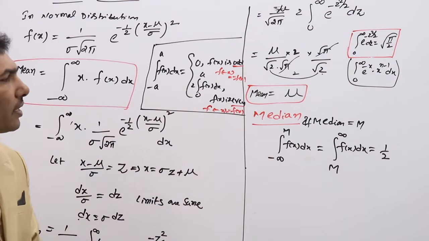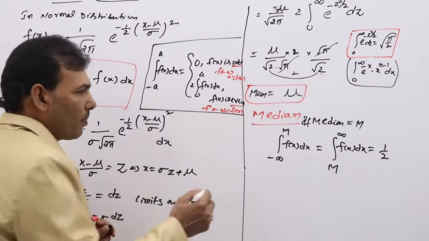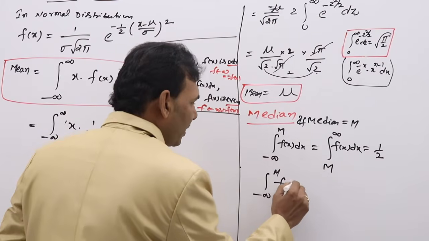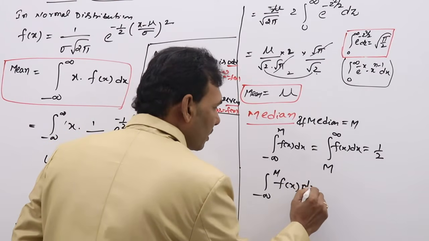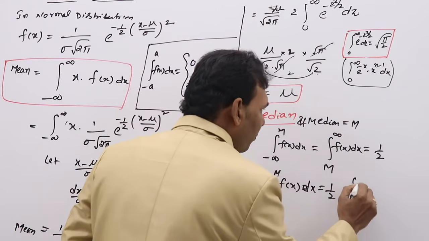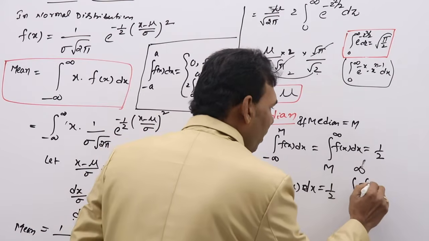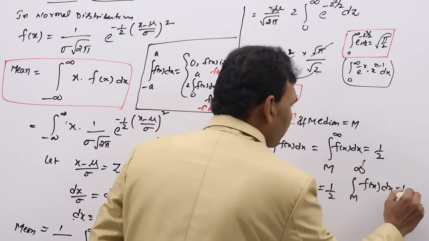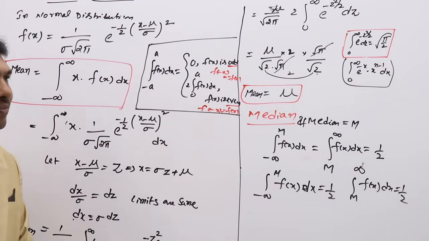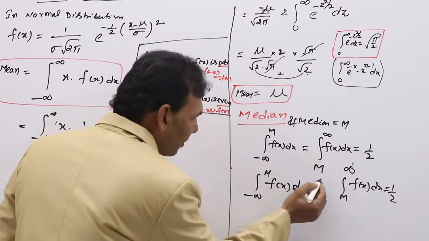Integral minus infinity to m f of x dx is 1 by 2, and integral m to infinity f of x dx is also 1 by 2.